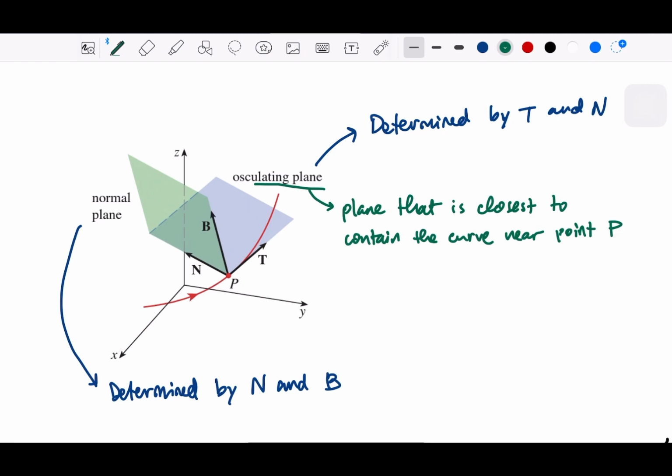And between this, the osculating plane, within this osculating plane, if you remember, this is the curve, okay? So if this point, let's say the point is here, remember that we can find out the curvature within this curve.